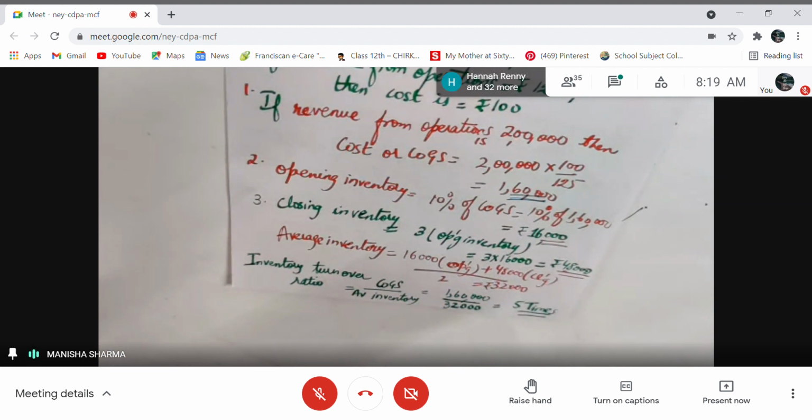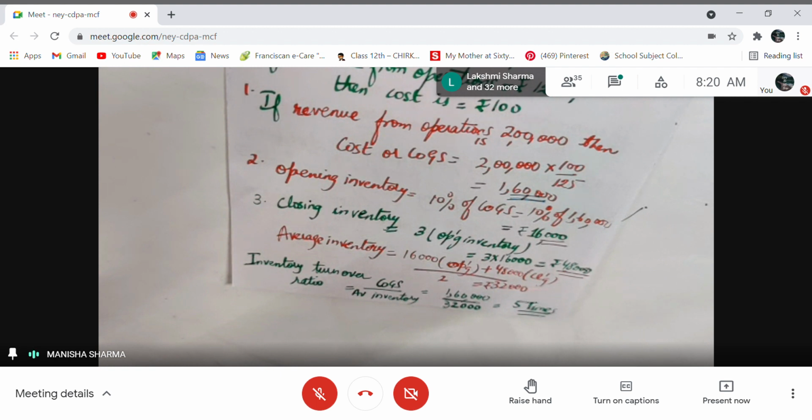Now we have COGS also with us. As we know, inventory turnover ratio is COGS upon average inventory. COGS we calculated by applying the unitary method. We let COGS be 100, GP is 25, then net sales is 100 plus 25, 125. Then COGS is the value of net sales in the question, 2 lakhs, into 100 upon 125.